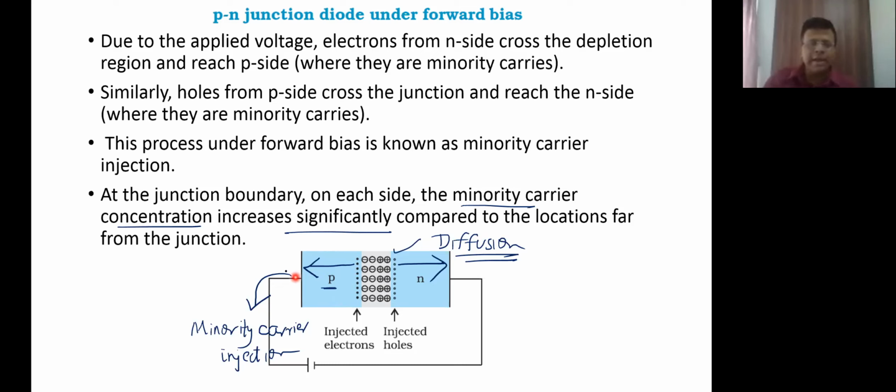Okay, so holes, electrons will come like this and holes will come like this, and then the circuit is completed and you'll have a net current now happening in the circuit.